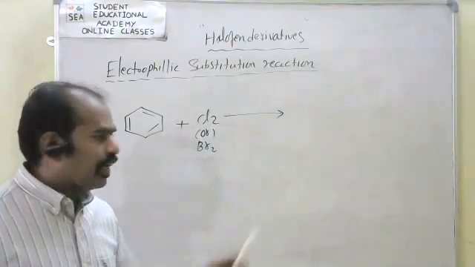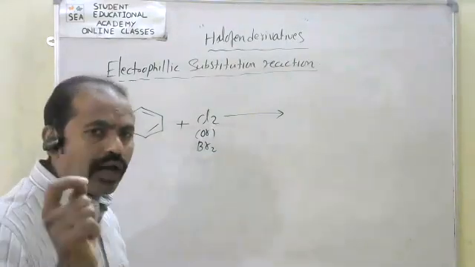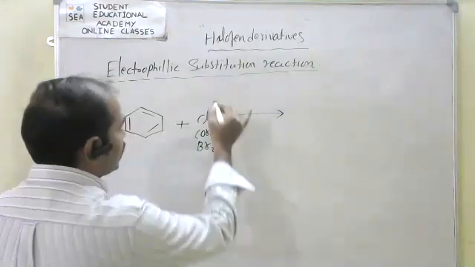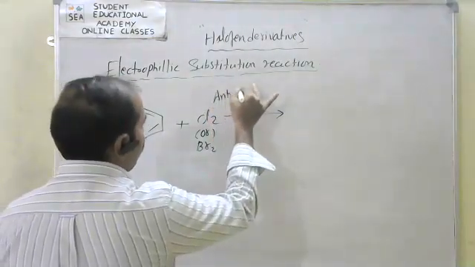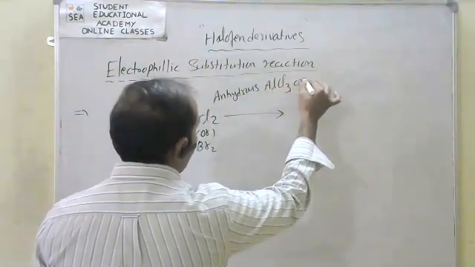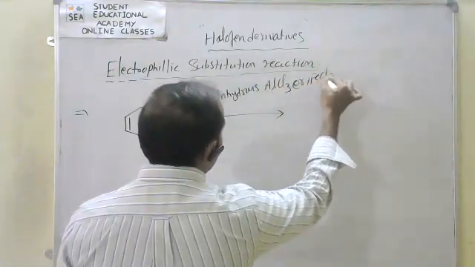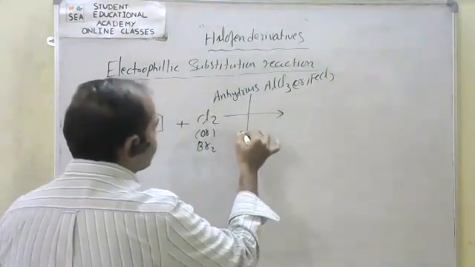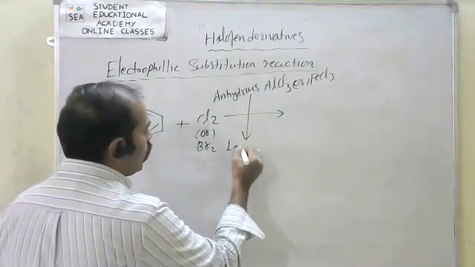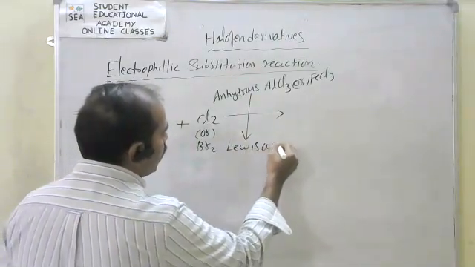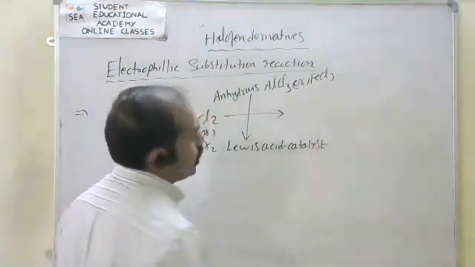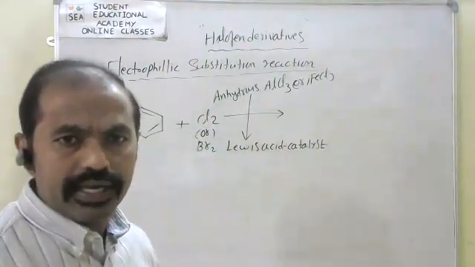Because of that reason, we take a Lewis acid catalyst like anhydrous AlCl3 or FeCl3. It is nothing but a Lewis acid catalyst.